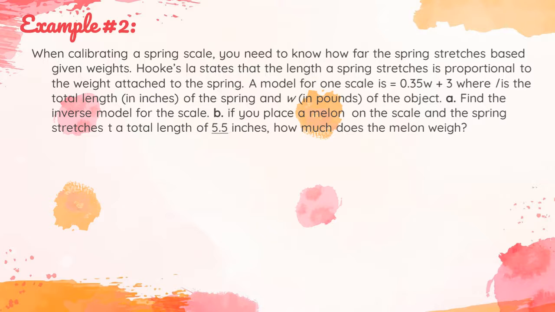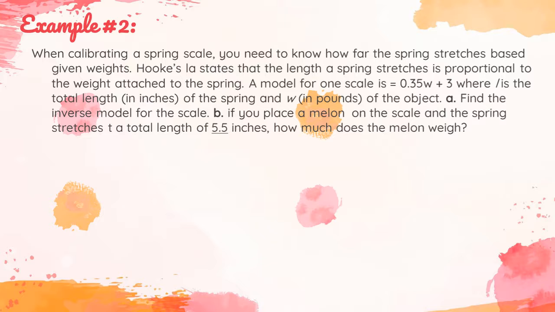Next example, when calibrating a spring scale, you need to know how far the spring stretches based on given weights. Hooke's law states that the length a spring stretches is proportional to the weight attached to the spring. A model for one scale is L equal to 0.5W plus 3, where L is the total length in inches of the spring and W is the weight in pounds of the object.